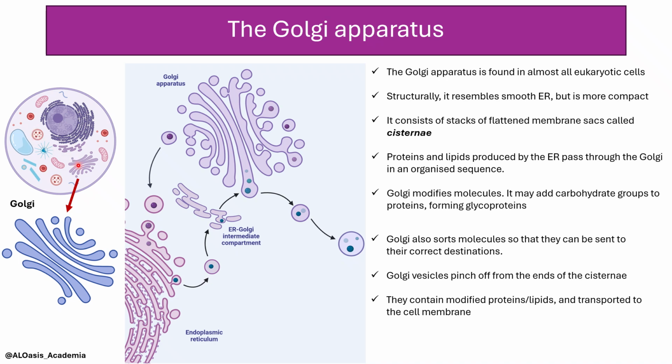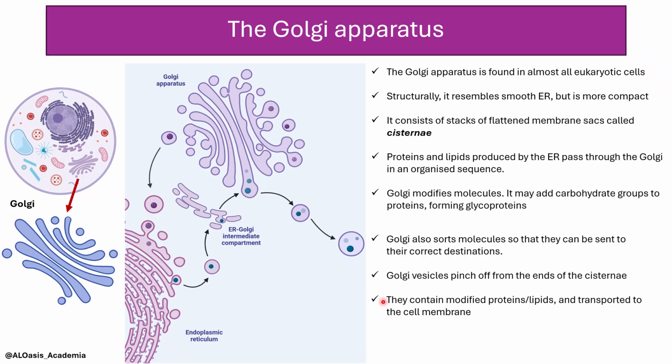So the Golgi plays a role in sorting, making sure that each protein and each molecule goes to the right destination. These Golgi vesicles, as we can see, pinch off from the ends of the cisternae. Once they are pinched off, they are free and sorted to go to the right destination.